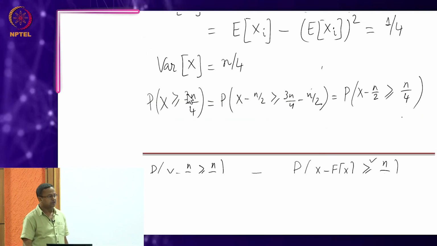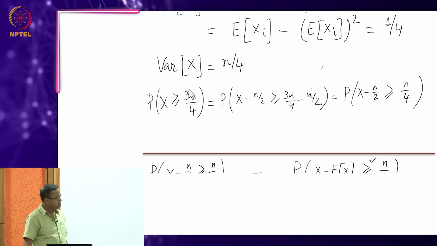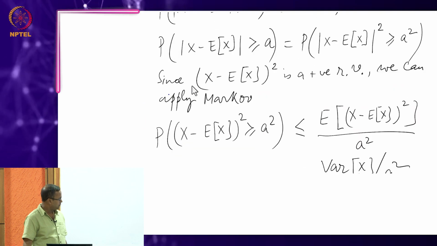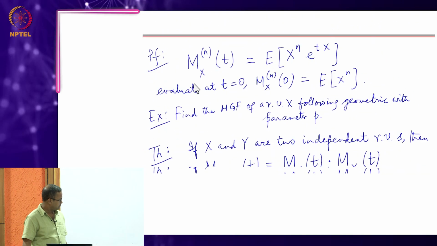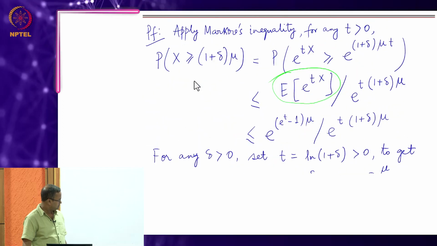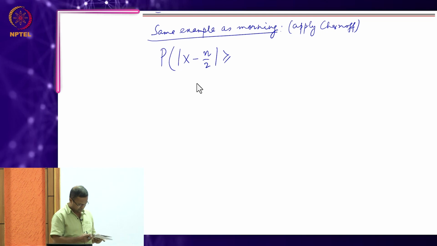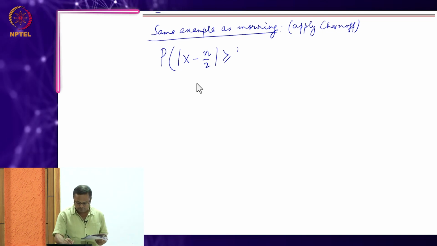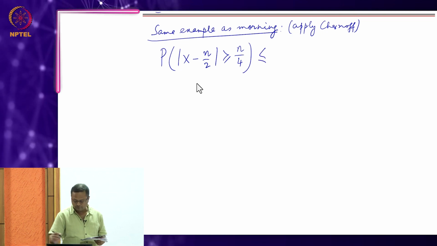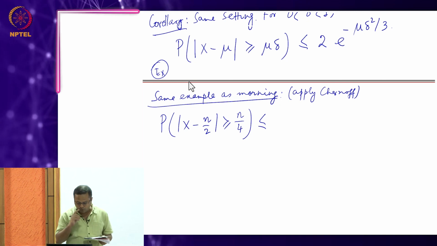How I brought down this x greater than or equal to 3n by 4 to this format, right? Same thing. Now, just figure out what your delta is.